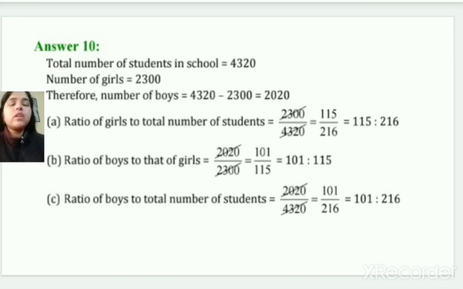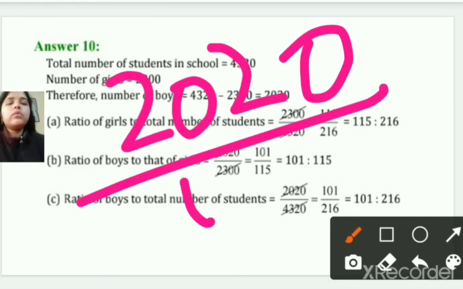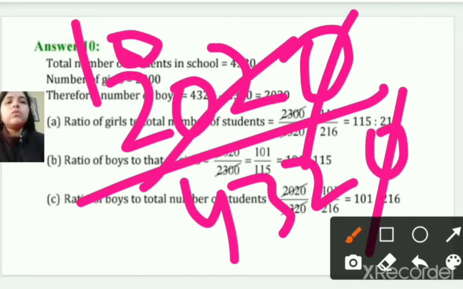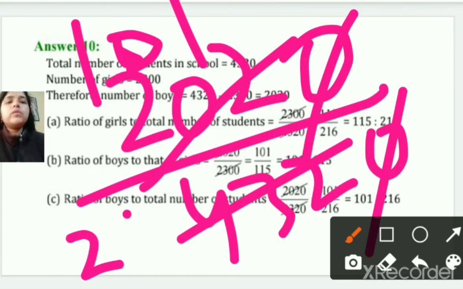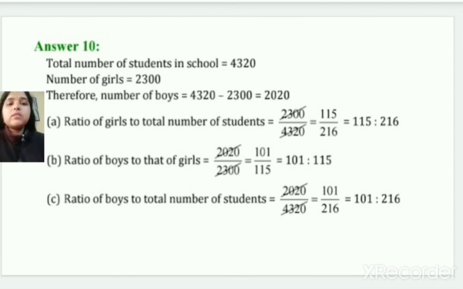The zeros cancel out, again divided by 2, and it will be 1:216.